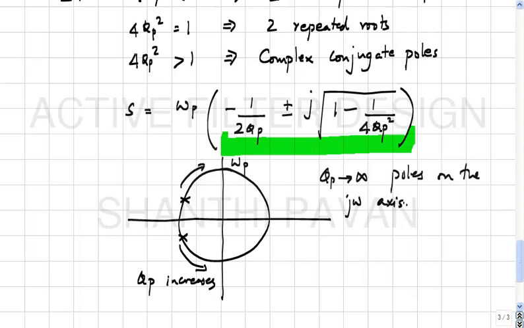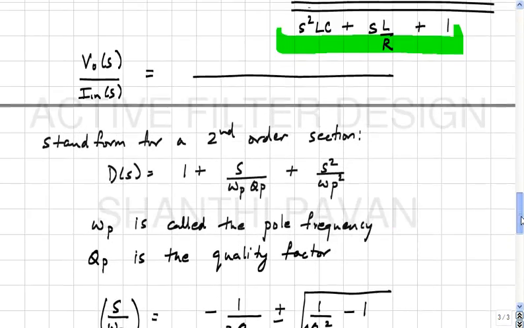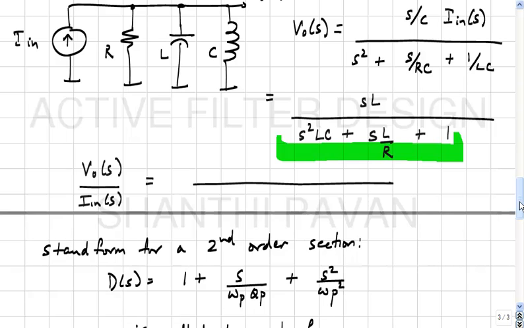All right. Now that we've established this notation, we'll keep using it over and over again. So now in terms of these element values, can you tell me what omega p is? 1 by root LC. And what is QP? Please decide among yourselves and tell me what QP is.